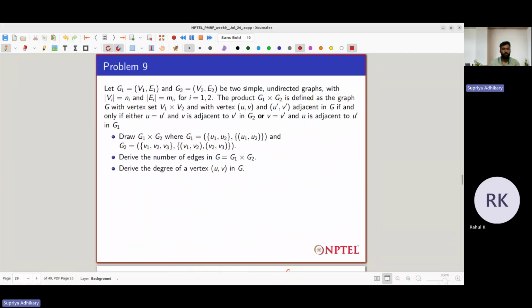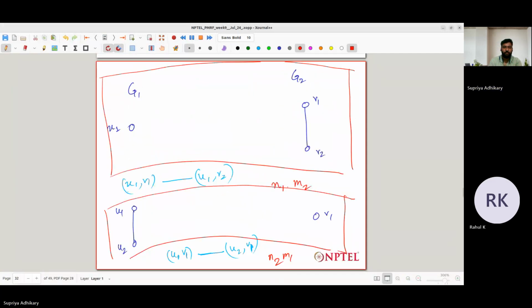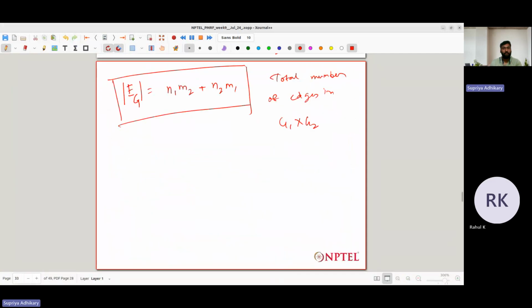Now the third question is to derive the degree of the vertex UV in G. So what is the degree of the vertex?